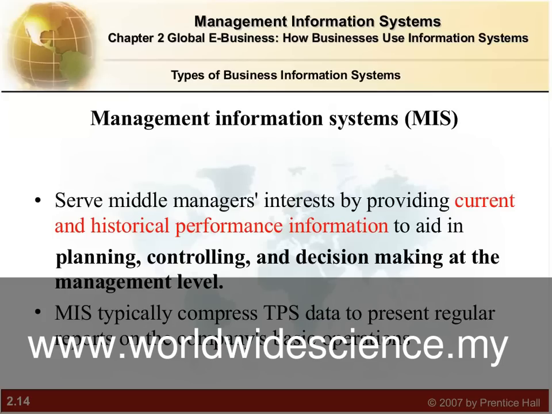Actually, MIS typically provides answers to routine questions. The questions that MIS can answer are not complex or complicated. For example, MIS systems can compare the total annual sales with the plan target.